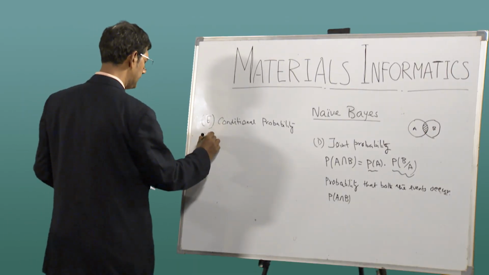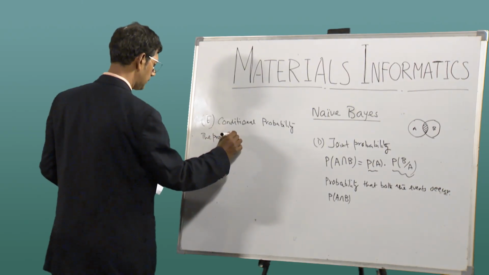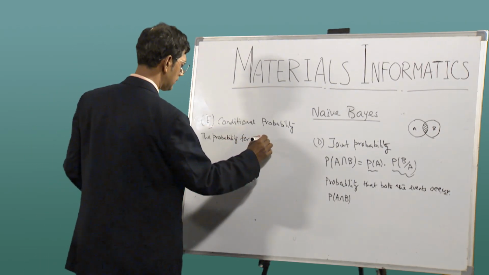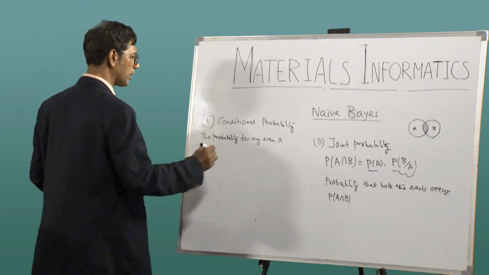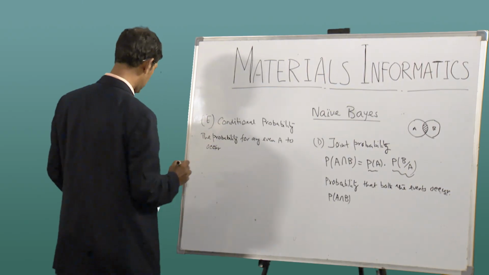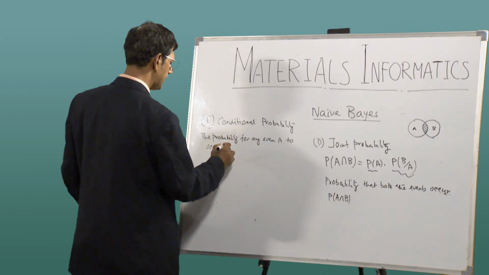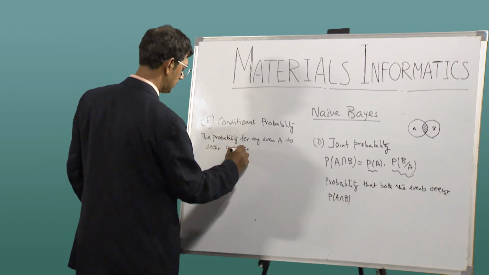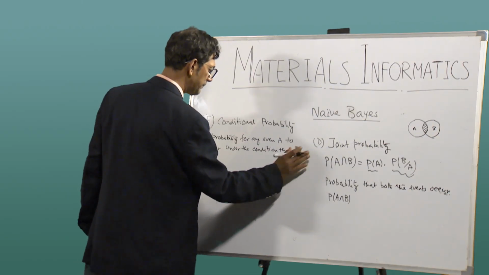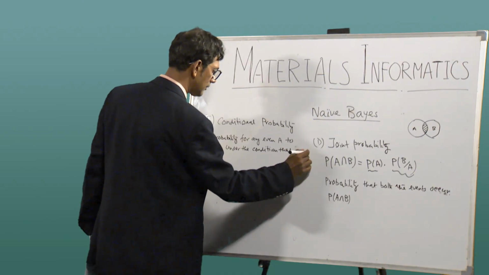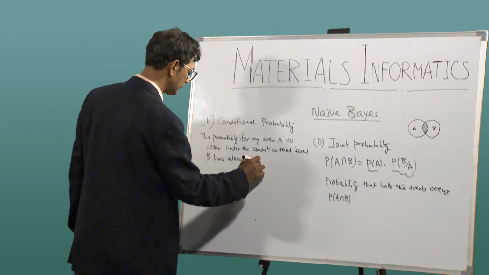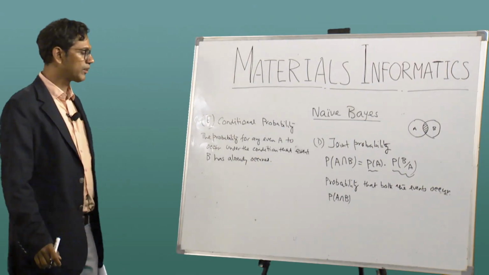The probability for any event A to occur under the condition that event B has already occurred. That is what is called the definition of conditional probability.